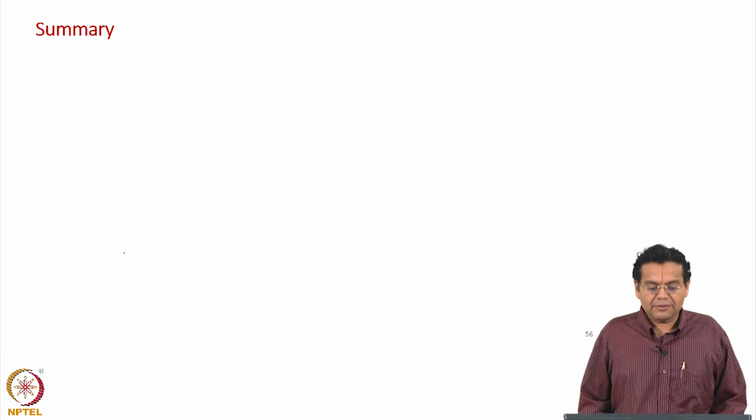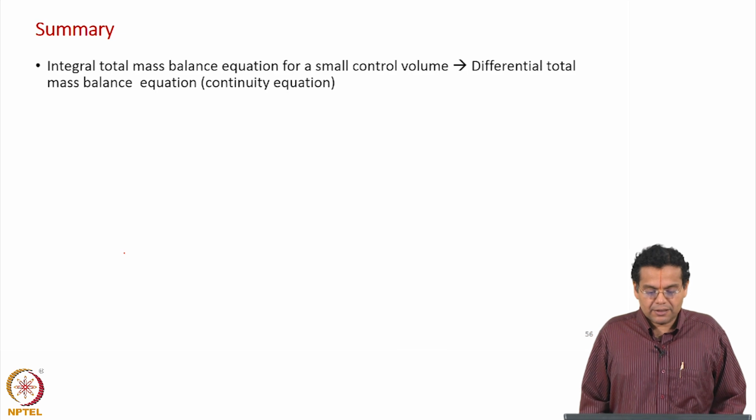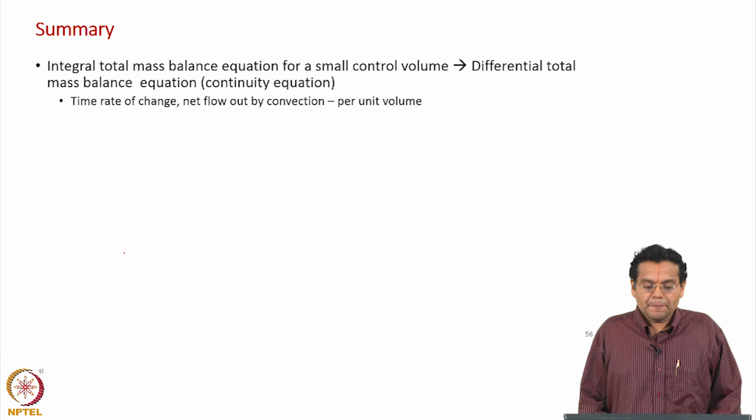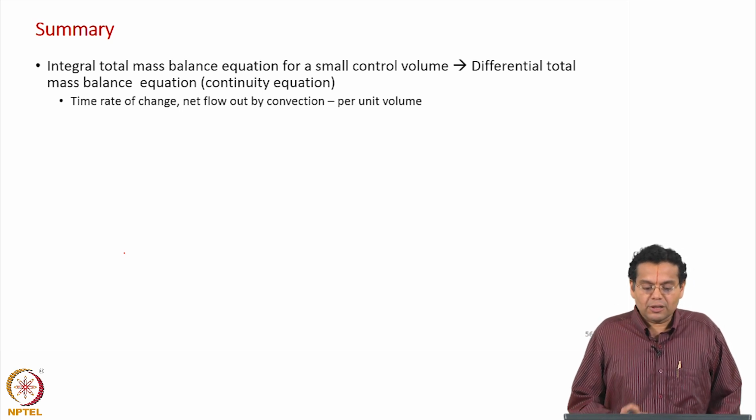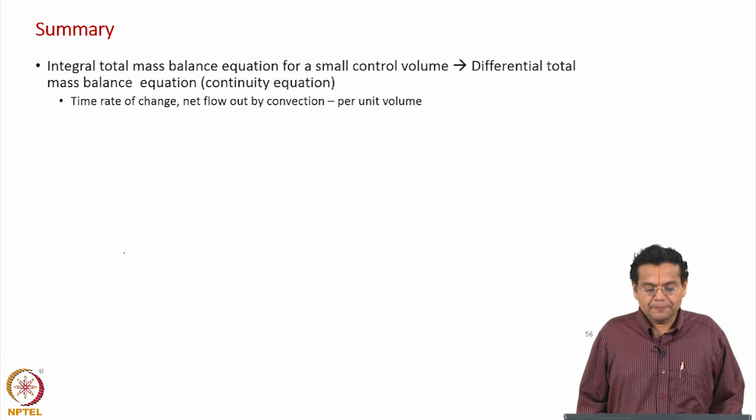With that we have concluded all the applications. So, let us summarize this part on the differential total mass balance equation. We started with the integral total mass balance equation for a small control volume and obtained the differential total mass balance equation by shrinking it to a point, also called the continuity equation.